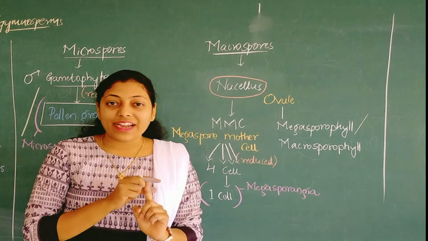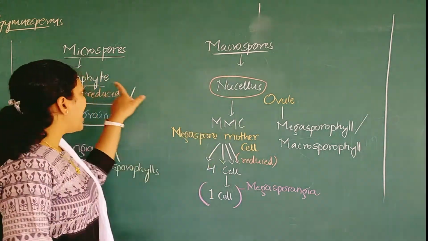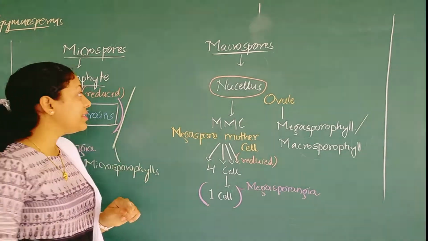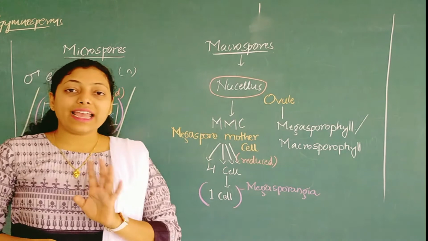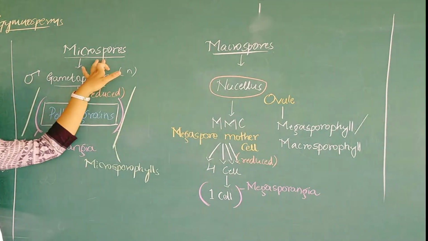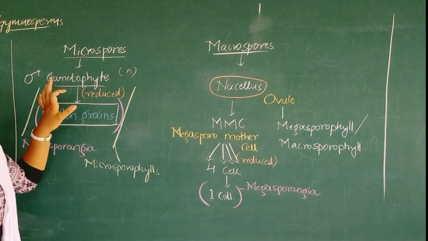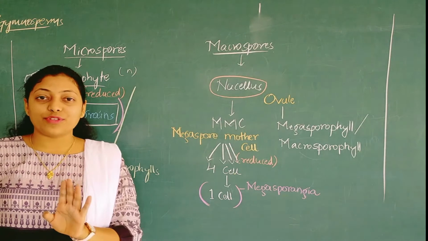Sporophyte is the diploid number, that is 2 sets of chromosomes, whereas gametophyte is the haploid number, that is only 1 set of chromosomes, only single N. So microspores are the male gametophyte, that is they consist of a single set of chromosomes.